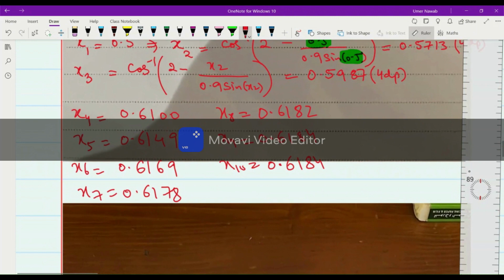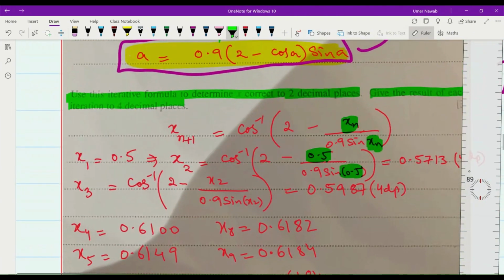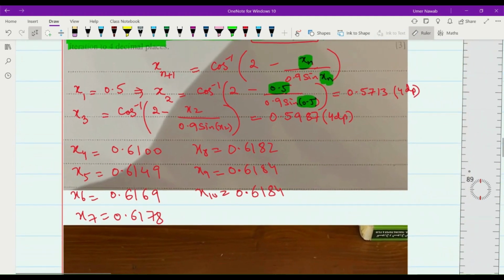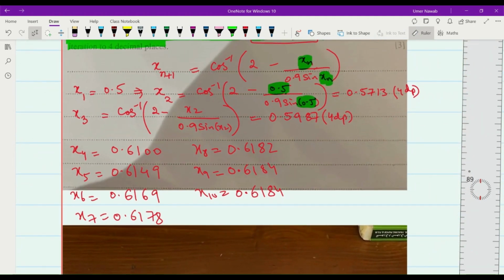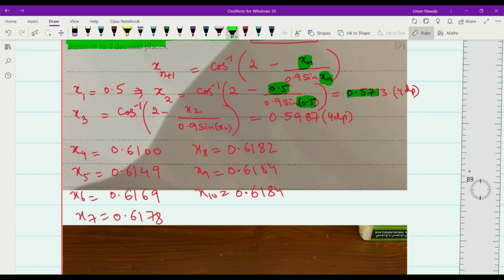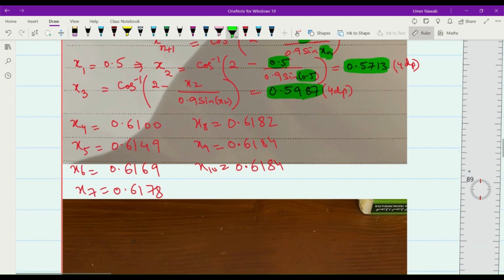Now, where to stop the iterations? You have to know that you want to write your root exactly to two decimal places. So keep your focus on the first two decimal places. As long as they are not repeating, your iteration will not stop. Okay, your x2 comes to you 0.5713, and then 0.5987.